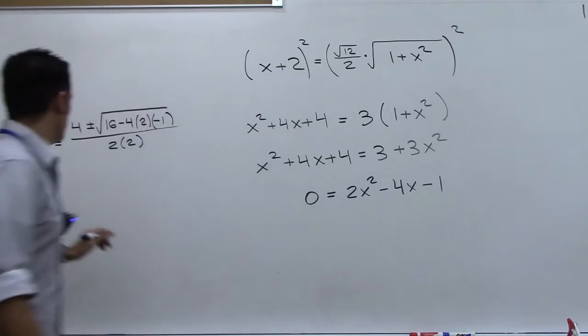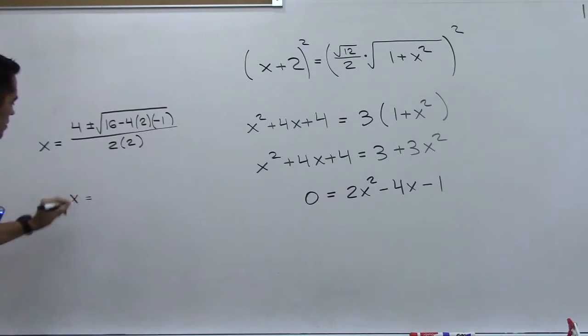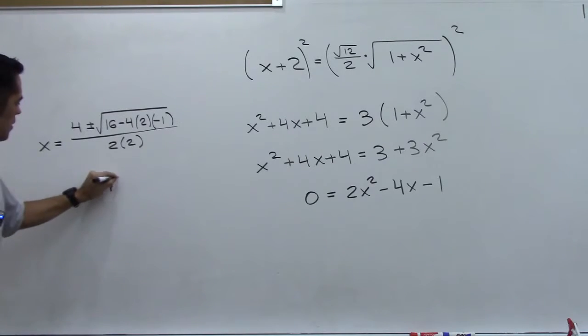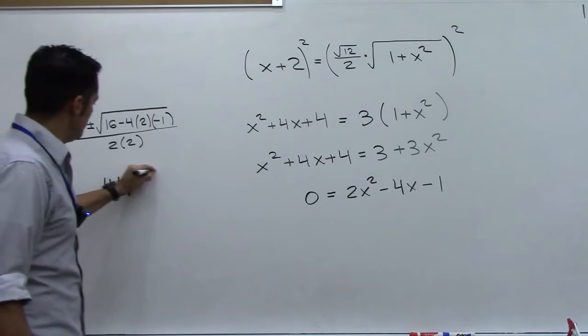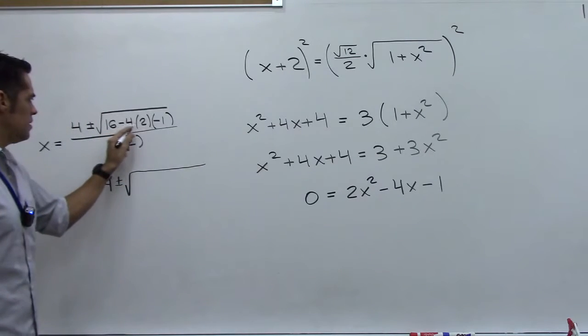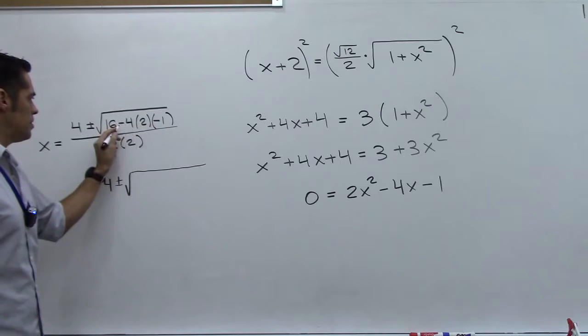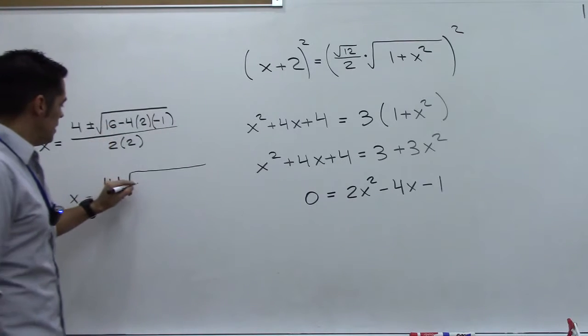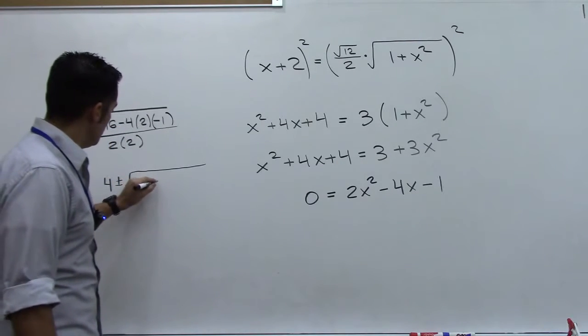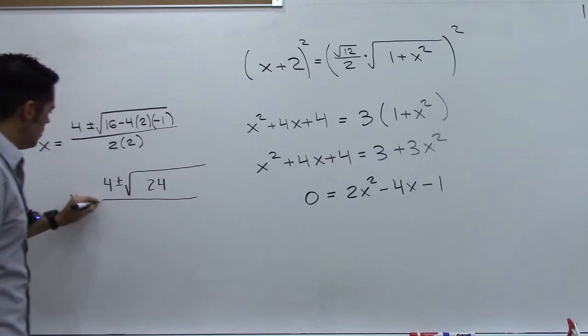So that's our quadratic formula. And we should get, hopefully, a couple of answers here. 4 plus or minus the square root of, let's see, this is going to be negative 8, but we're subtracting, so plus 16 plus 8, that's going to be 24, all over 4.